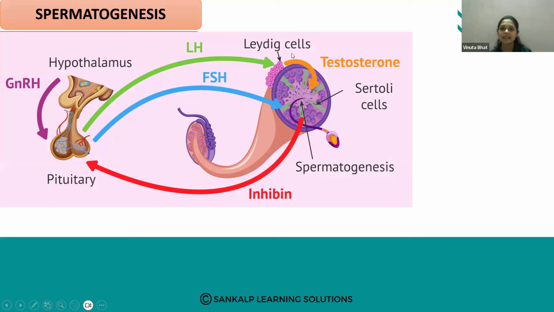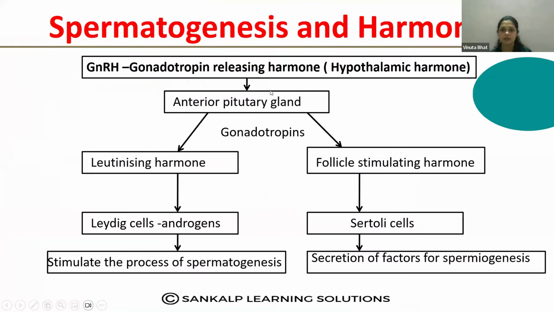LH acts on the Leydig cells that produce testosterone, and FSH acts on the Sertoli cells that control spermatogenesis. It is also a secretion factor for spermiogenesis. So this is spermatogenesis and the hormones.